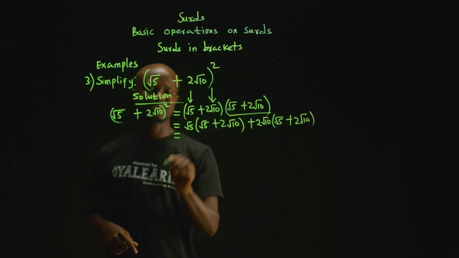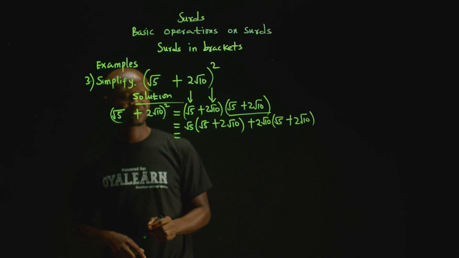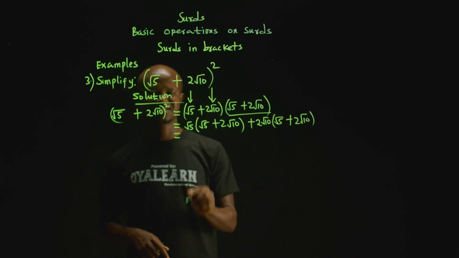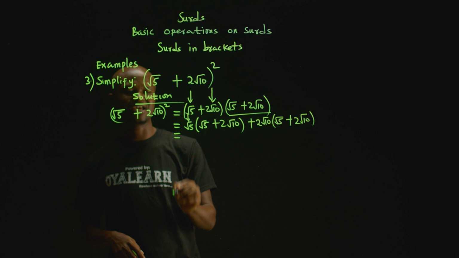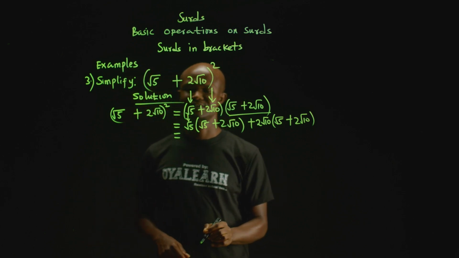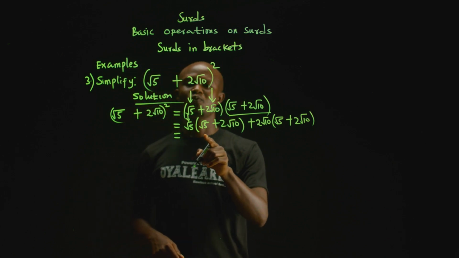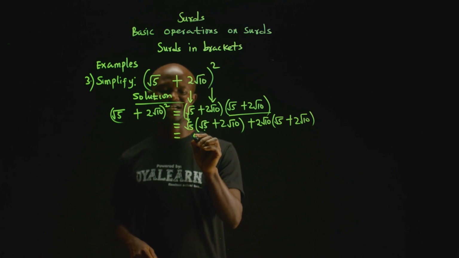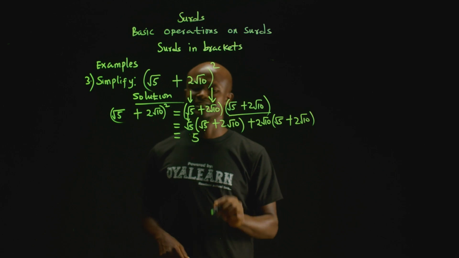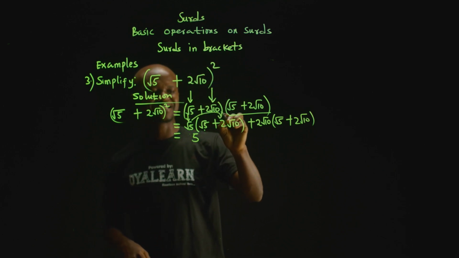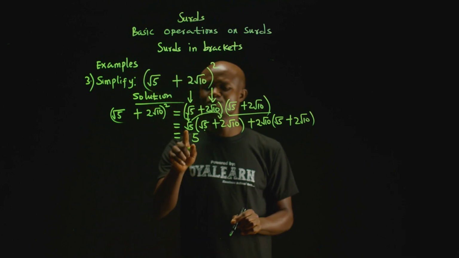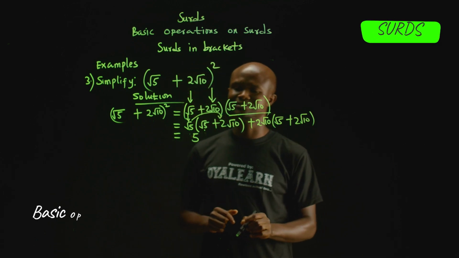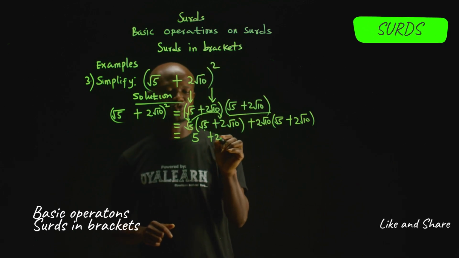Now, expanding brackets. By expanding brackets, the first multiplier here is root 5. So we multiply the first term here, root 5 times root 5, and that is 5. Then this same multiplier, we multiply the second term, root 5 times 2 root 10, and that will be 2 root what?